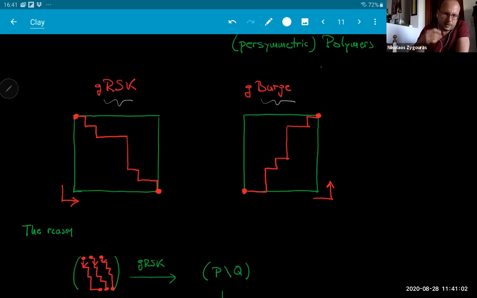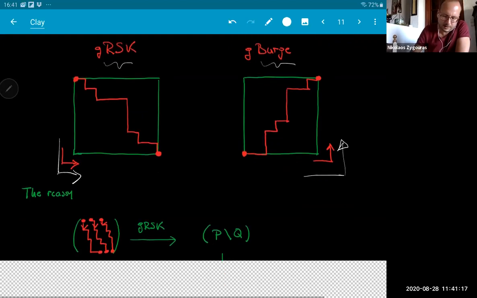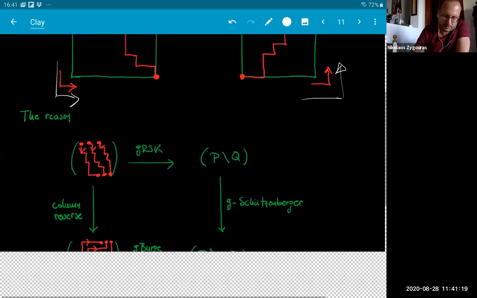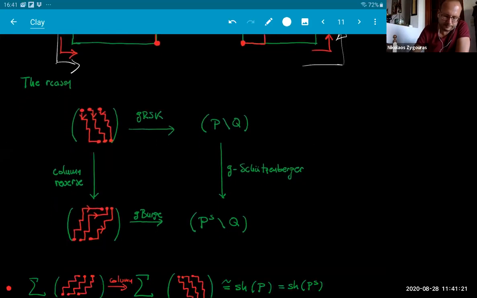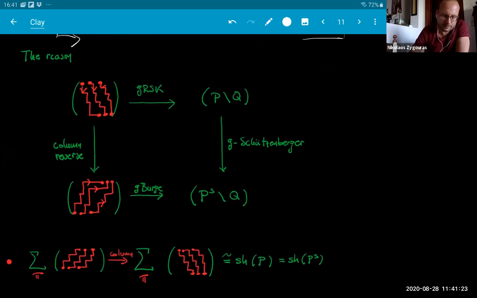So geometric RSK will encode polymers going down and to the right, and geometric Berge correspondence will encode polymer partition functions going right and up. And maybe I can give a quick explanation for this through these commuting diagrams. So this is the commuting diagram I have of both.